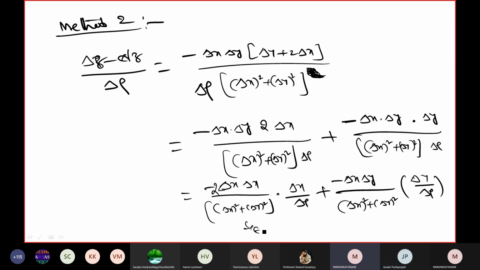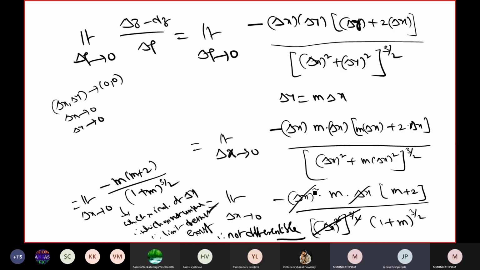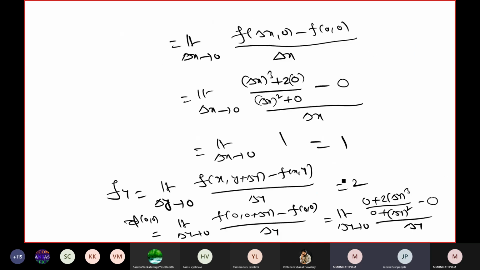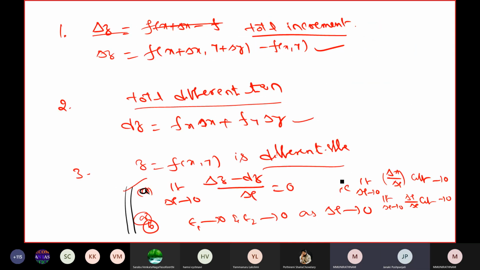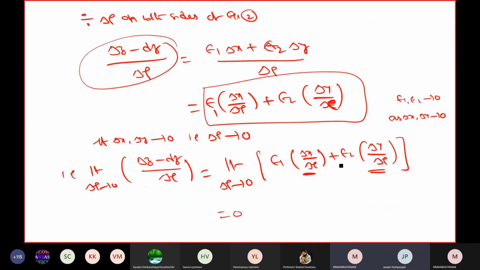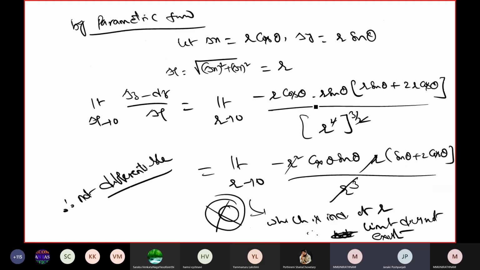This is my epsilon 1. This is my epsilon 2. So, అర్థమవుతుందా? I need to take epsilon 1, okay na? What is my epsilon 1? Coefficient of delta x by delta rho and epsilon 2 as coefficient of delta y by delta rho. So if this epsilon 1, epsilon 2 will be 0, then it is differentiable.